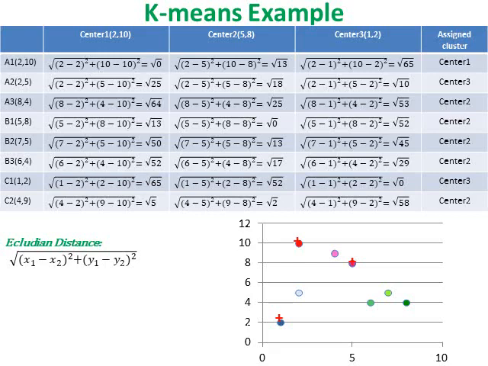Take the first data point A1 (2, 10) and center 1 (2, 10). Calculate the distance between 2 points using the formula square root of (x2 minus x1) whole square plus (y2 minus y1) whole square.